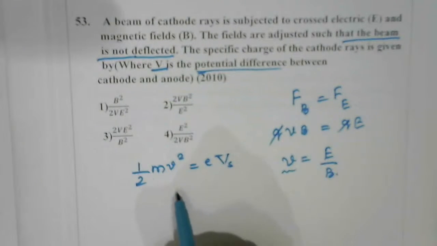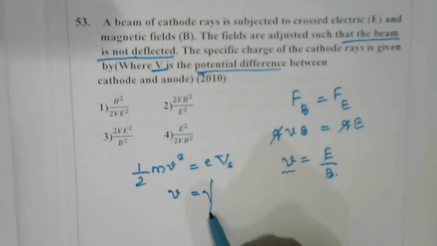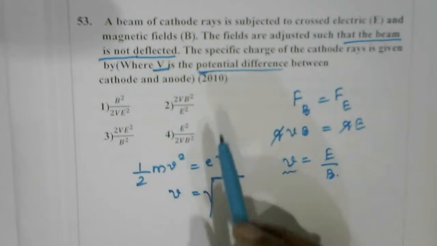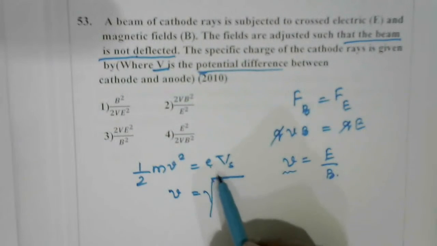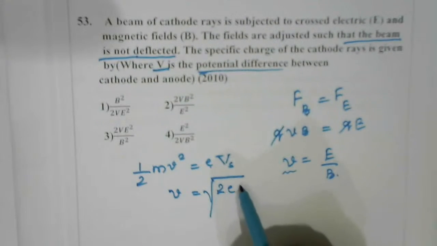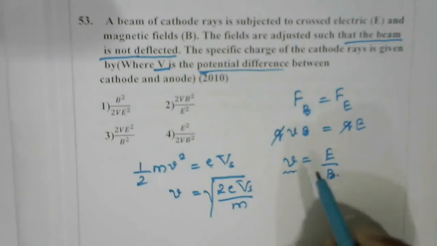So therefore V square became what? Or V became what? V becomes square root of, you are going to have cathode rays means beam of electrons, so e I have taken. So it becomes 2eVs divided by m. Just substitute here and finalize your answer.